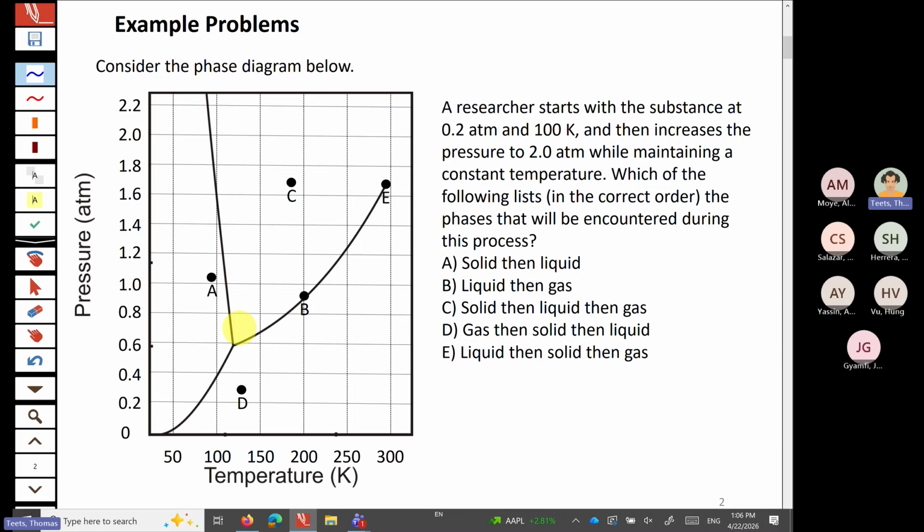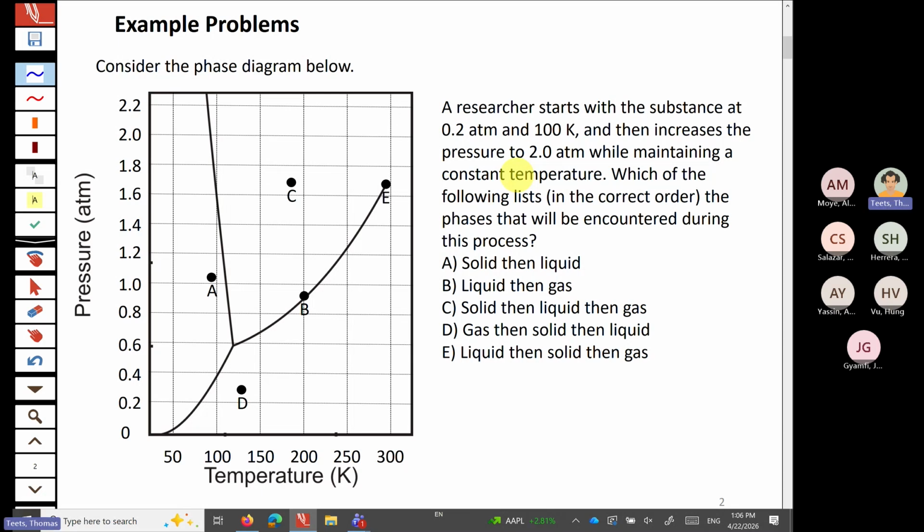So in this problem here, we have a researcher starting with a substance at 0.2 atmosphere and 100 Kelvin, who increases the pressure to 2 atmospheres while maintaining a constant temperature. Which of the following lists, in the correct order, the phases that will be encountered during this process? So this is the first we've seen where you're considering what happens as you change the conditions of a substance and what phases will be encountered during that process.